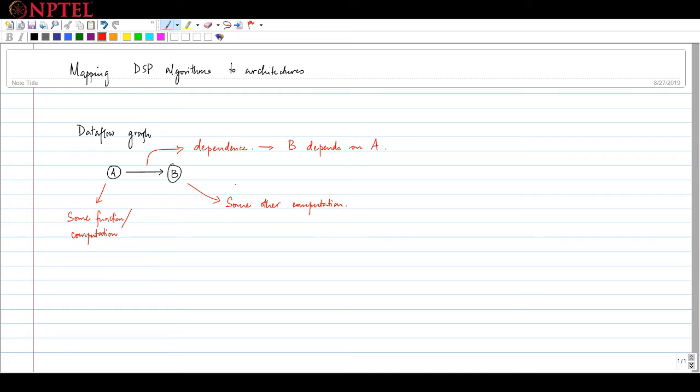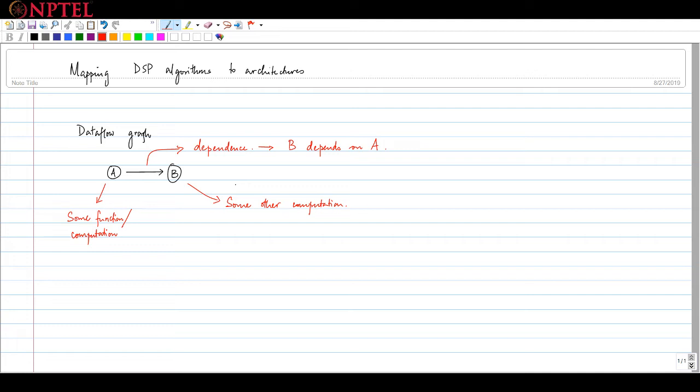Another way of putting it would be that I cannot start the computation of B until I have got the output generated by A. So that is essentially the essence of what is being conveyed by this data flow graph. Okay, and that is the main thing that you need to keep in mind when you are trying to understand what is the purpose and use of this data flow graph.